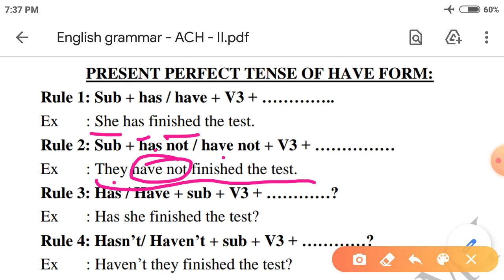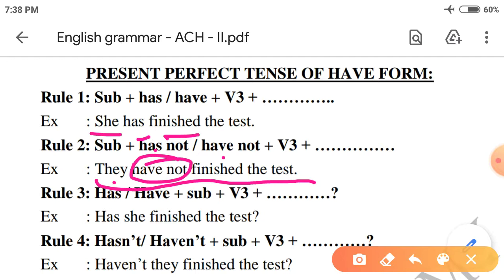Third rule: has or have plus subject plus V3 and the remaining part of the sentence. I already told you, this is the interrogative type sentence, so has or have should come first. So has she finished the test? Has or have, you can write according to the subject.